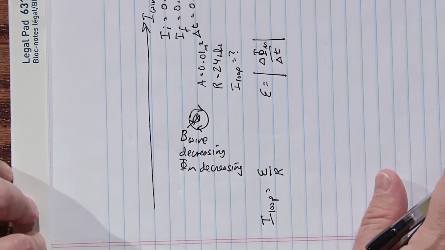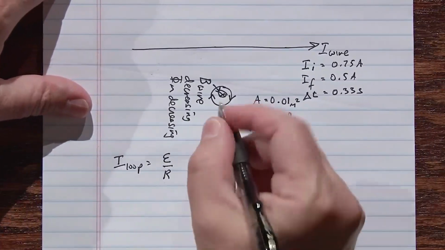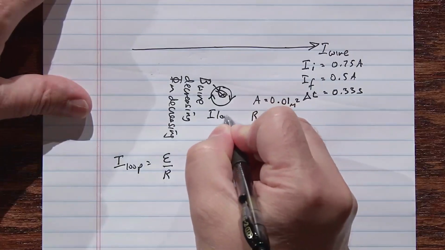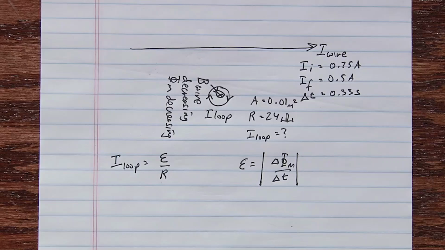So I loop is clockwise. So that actually answers the first question. What is the direction of the induced current? And that is clockwise.